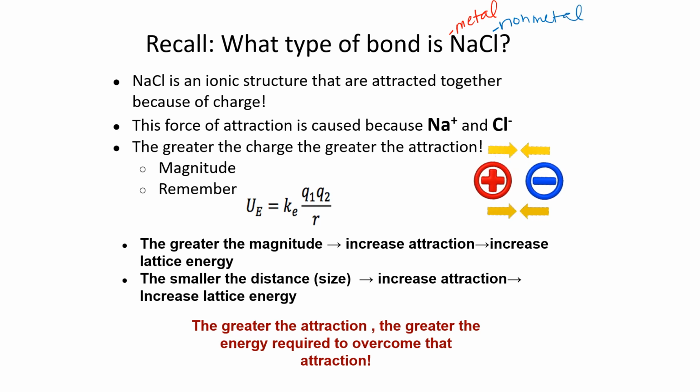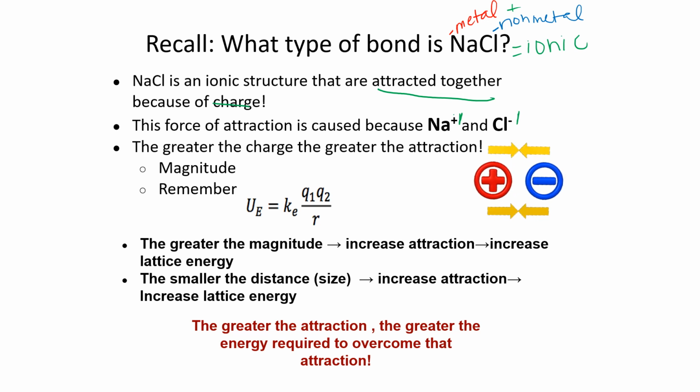Whenever we have a metal and a non-metal together, that forms an ionic compound, meaning those are attracted together because of the charge. And the force of attraction is caused by the positive 1 charge of sodium and the negative 1 charge of chlorine. And we always say that opposite charges attract.